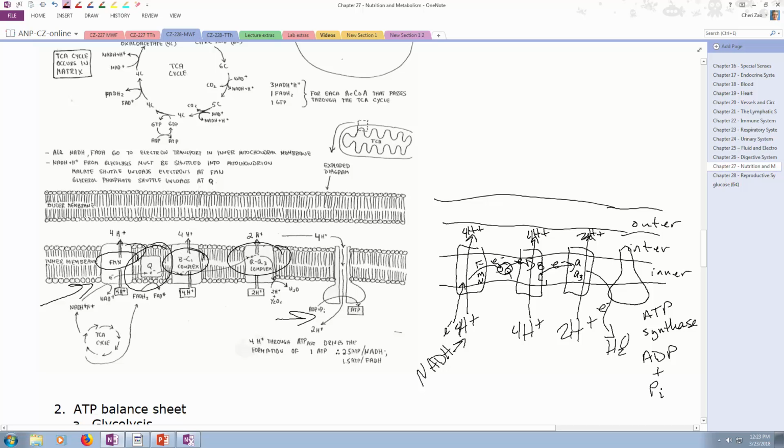But we can make ATP from ADP and inorganic phosphate. And you guys remember, inorganic phosphate means that it's not attached to any molecule that is composed of carbon, right? That's what inorganic means, because if you're organic, you've got carbon as part of your structure. So inorganic phosphate is hanging out there.